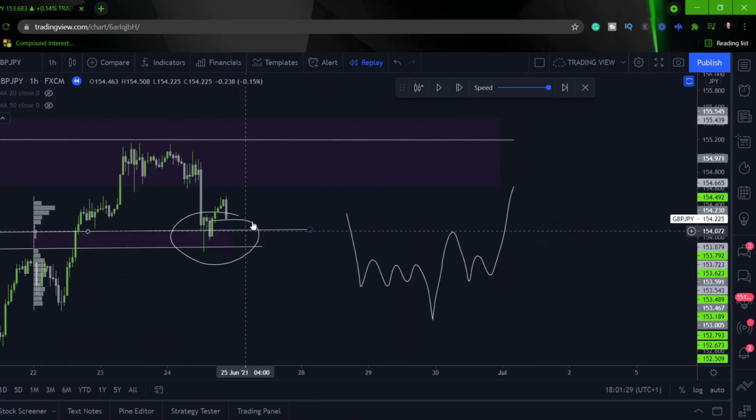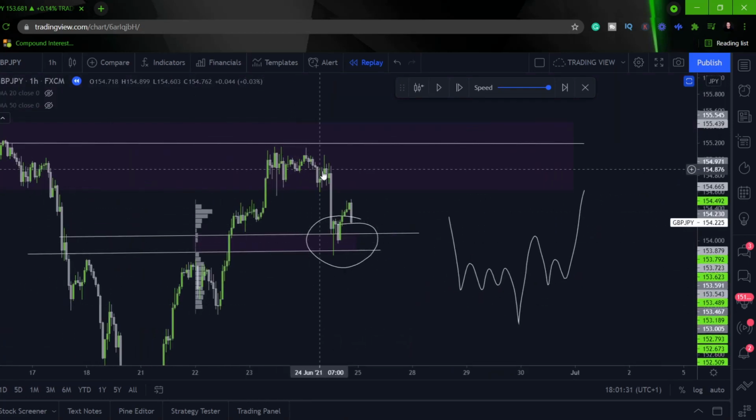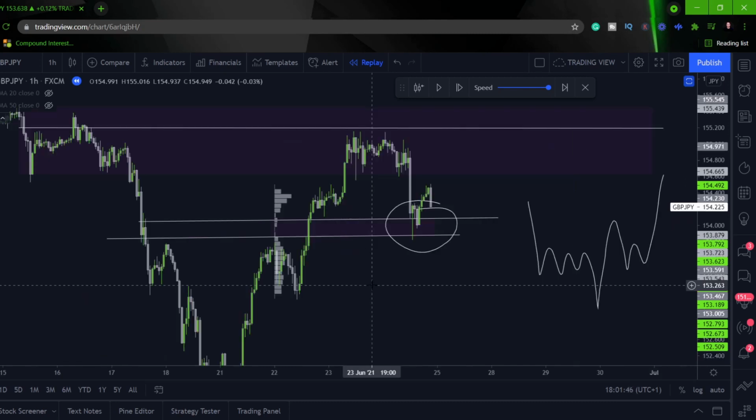So again, price is just moving to areas of liquidity to fill the liquidity and then moving off to other areas. Literally just bouncing around, taking orders. Viewing the markets in terms of areas of liquidity: where are the orders laying in the market? Where does price want to go?